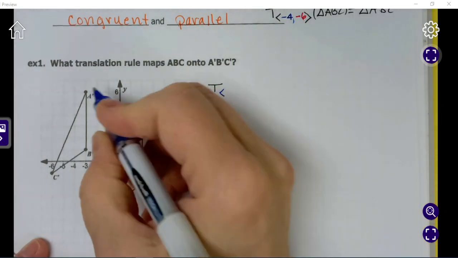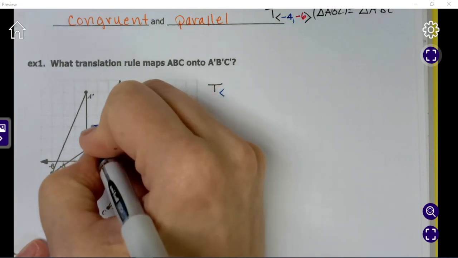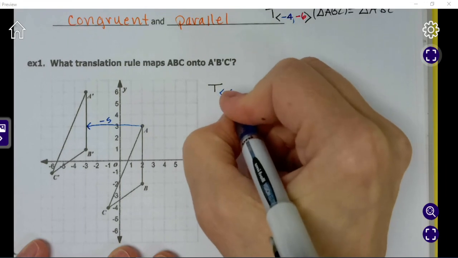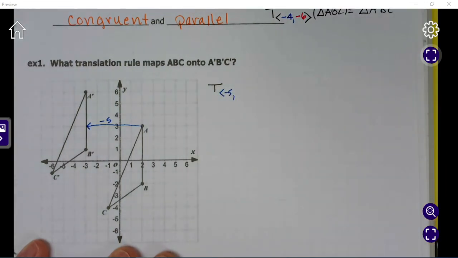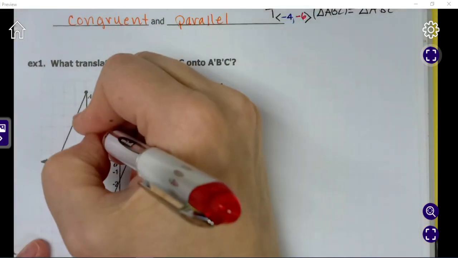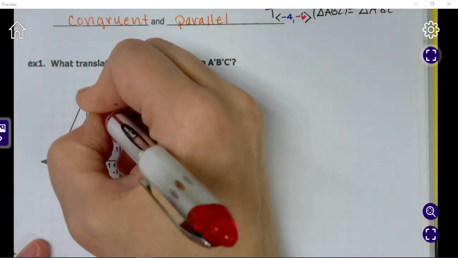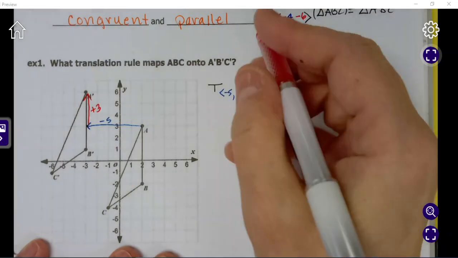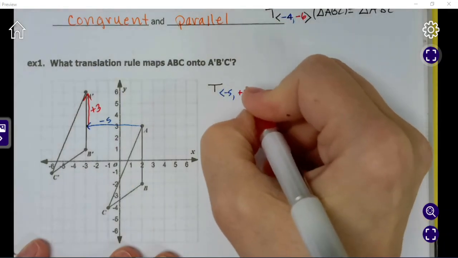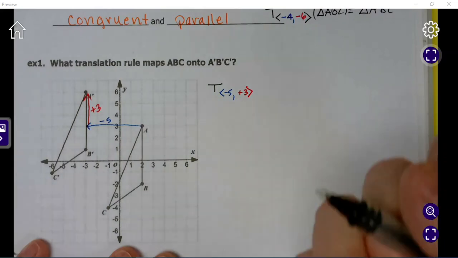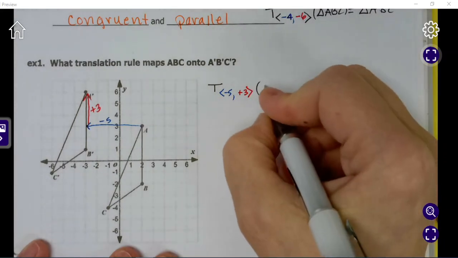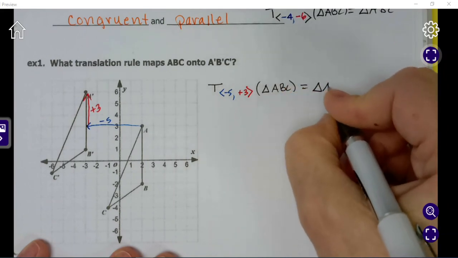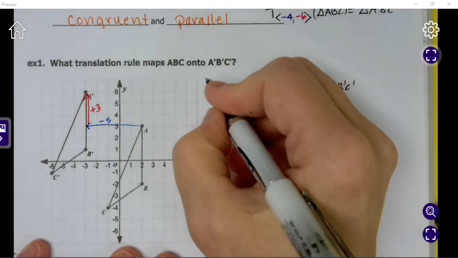So from A to A prime, I have to go to the left minus 5. And then now for the y coordinate, from that point I need to go straight up plus 3 to land on the A prime. And to finish the rule, of course, we just translated triangle ABC into triangle A prime, B prime, C prime.